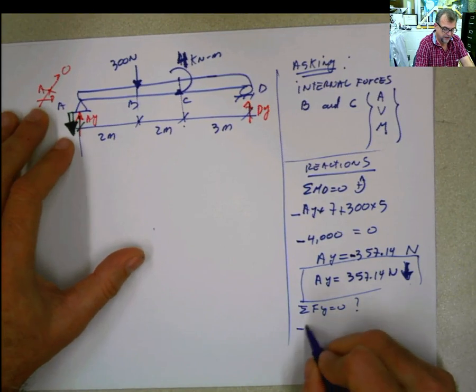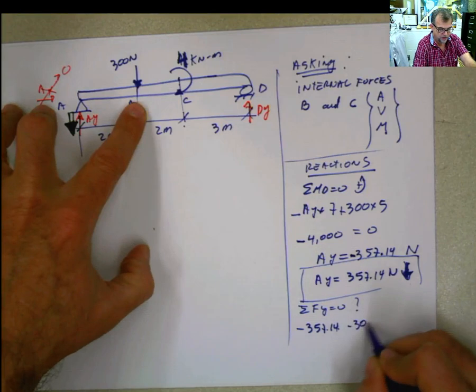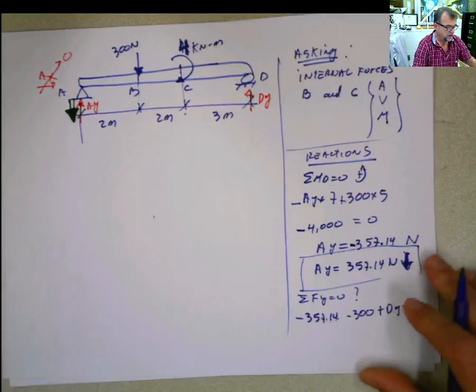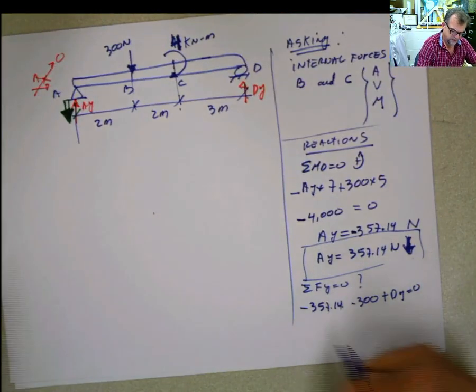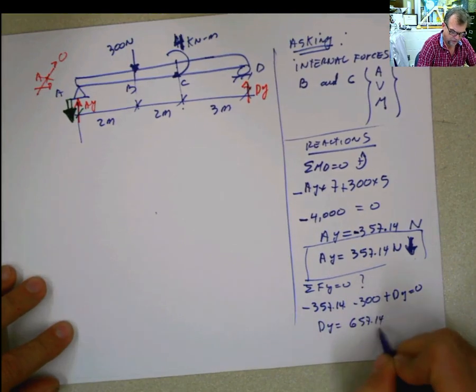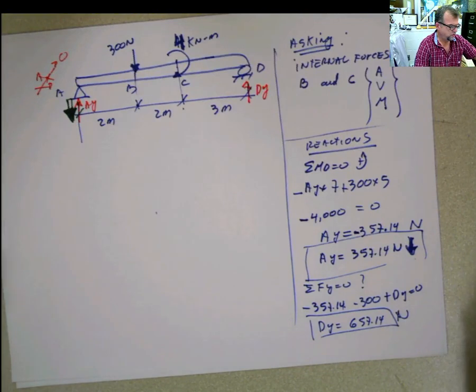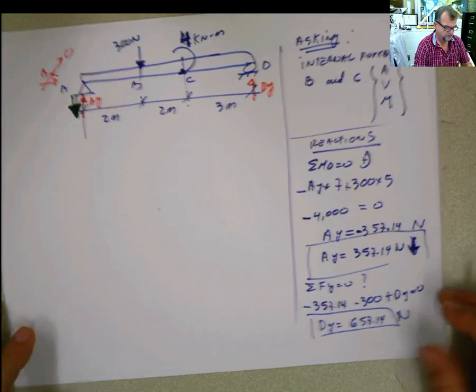Then you have negative 357.14 minus 300 plus DY equals 0, and that value will be 657.14, and it's positive. That means that the direction we assumed at the beginning was the correct direction. Good, very good. Okay, 657.14. Nice.